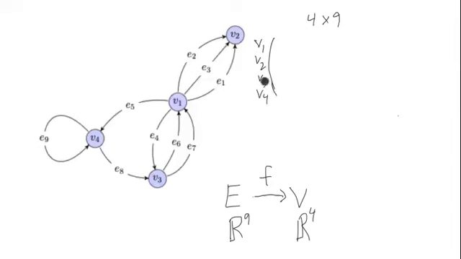So the output of E1 is going to end up being just V2 minus V1. V2 at the tip, V1 at the tail. You can put a 0, 0 here. That's where E1 is going to head to. E1 has a tip there and a tail there.